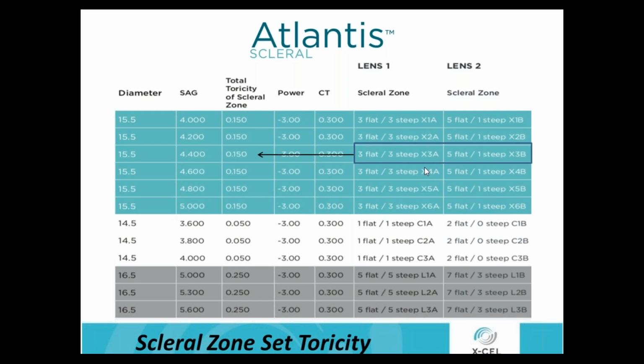And you can see, going back to our fit set and looking at that edge, to get that 150 microns, we've gone 3 steps flat in one meridian and 3 steps steep in the other meridian. So each step is 25 microns. So this would be 75 microns flat and this 75 microns steep, creating 150 microns of toricity.